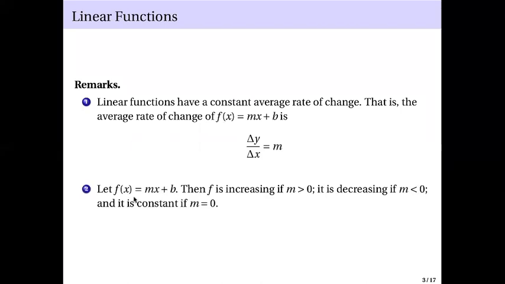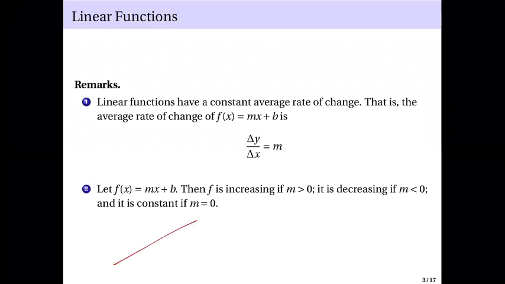Now let f of x be equal to mx plus b. Then f is increasing if m is greater than 0, decreasing if m is less than 0, and constant if m is equal to 0. So remember the graph of a linear function for different values of m.